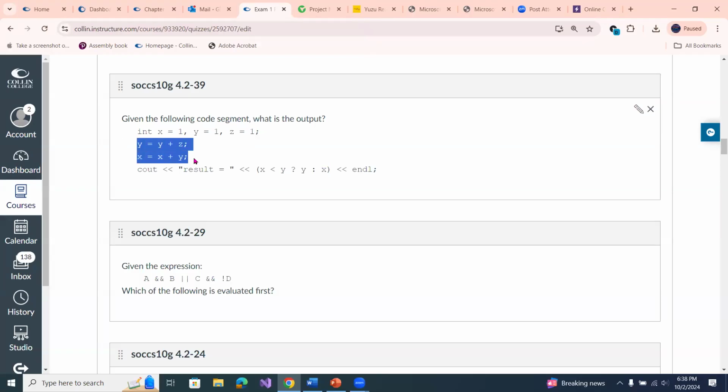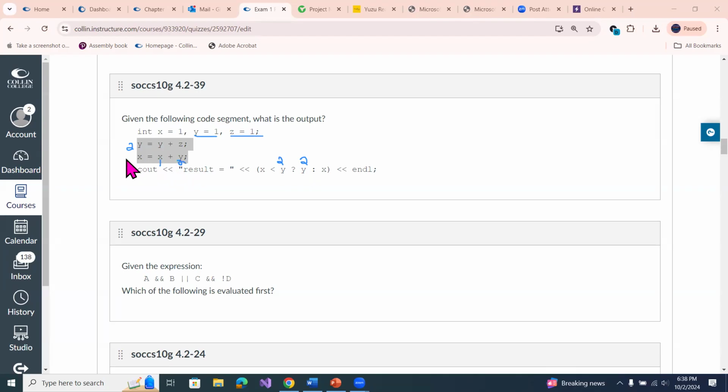Oh, I didn't even see this here. Okay, let me see. So here it says y plus z. So y changes to 2. Okay, so that's a 2 now. x is a 1. y changed to 2.